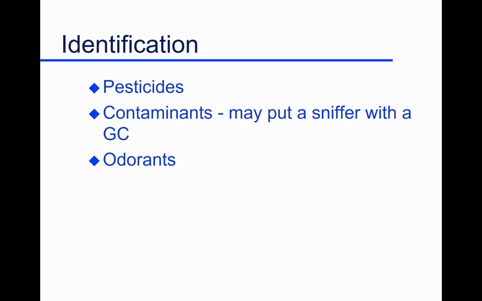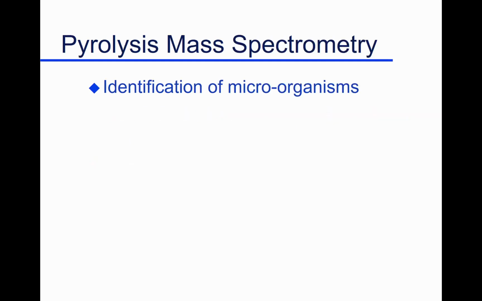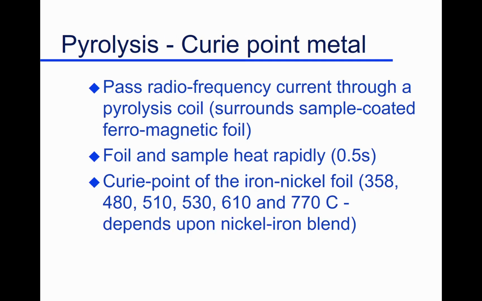So we go back to adulteration, pesticides, contaminants, odorants. There's just all kinds of different areas. Pyrolysis mass spectrometry. Do we really want to do plating? Do we want to find other ways of determining microorganisms? Which one? Again, mass spectrometry has been used for this purpose. You actually do a pyrolysis of the microorganism. So you actually put your sample of microorganism into a particular vessel.